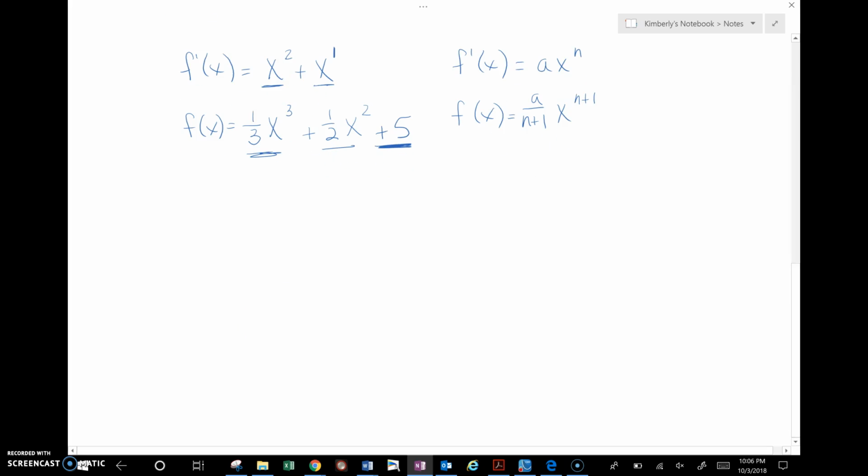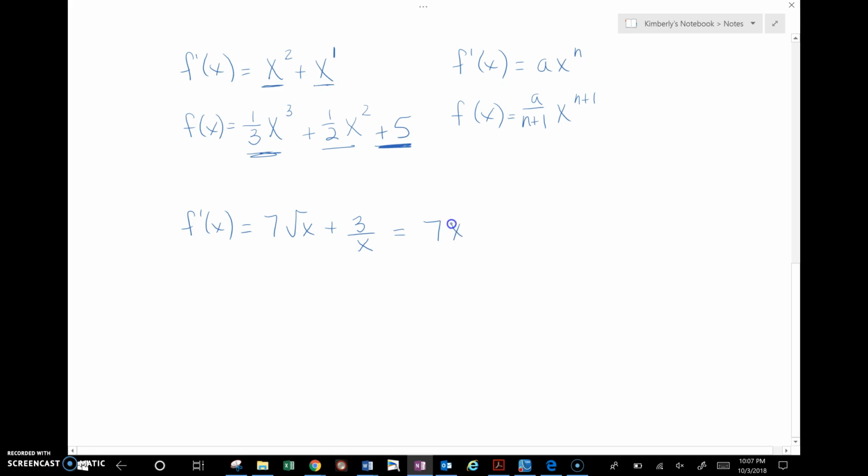So let's go and look at another problem. Let's say f prime of x equals 7 times the square root of x plus, I don't know, 3 over x. So before you actually take the antiderivative, I want you to do the same thing that we did when we learned how to take a derivative and rewrite it.